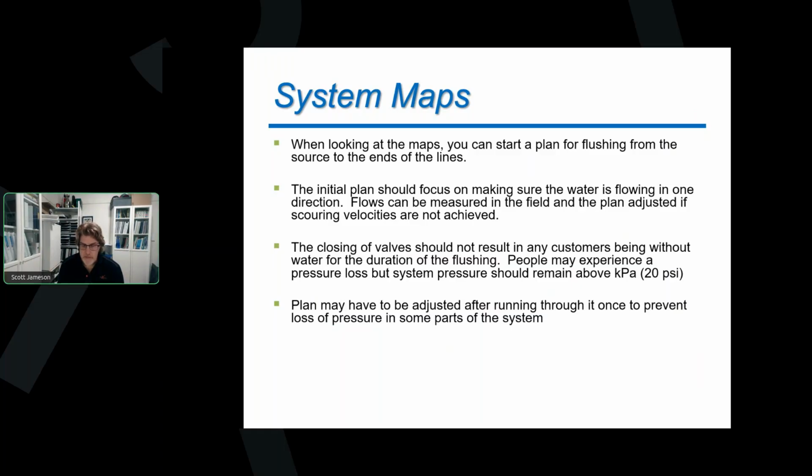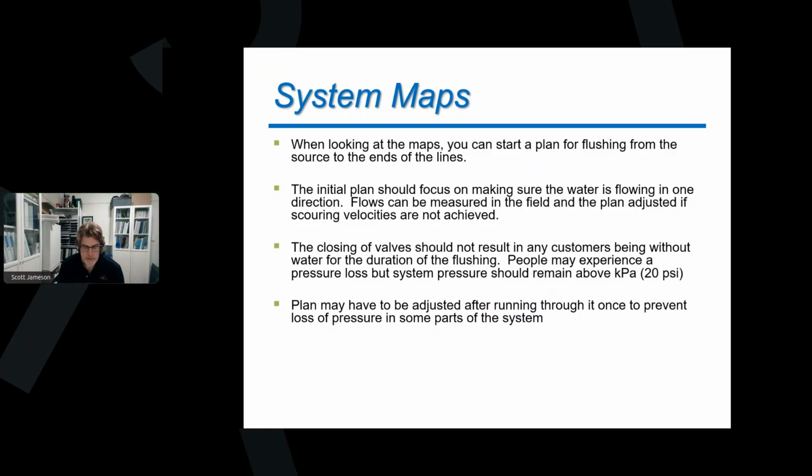And when we go out and run the program, we're going to put pressure gauges out in those spots we looked at, and measure how far the pressure drops when we do this unidirectional flush, and whether we were able to stay above this 20 psi.